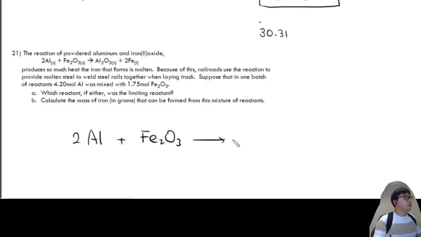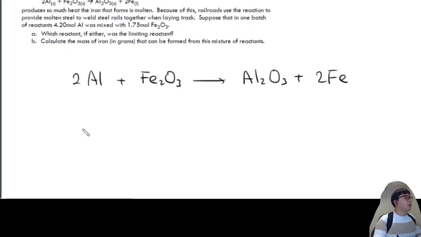Fe2O3, and you get Al2O3, and then 2 Fe come out. And in some reaction, you have 4.20 of aluminium and 1.75 mole of Fe2O3. So this is not in grams. These are the actual number of moles. But this is a 2-to-1 ratio, isn't it?